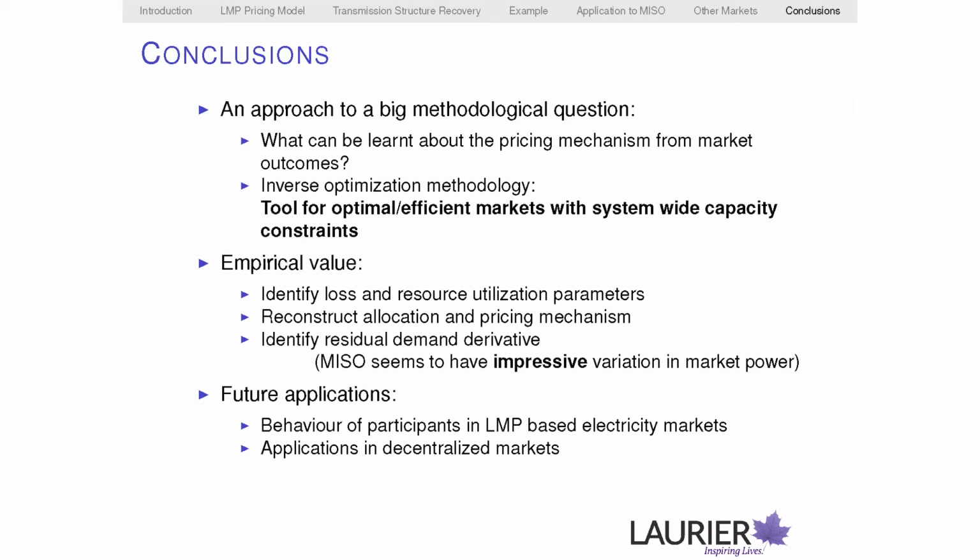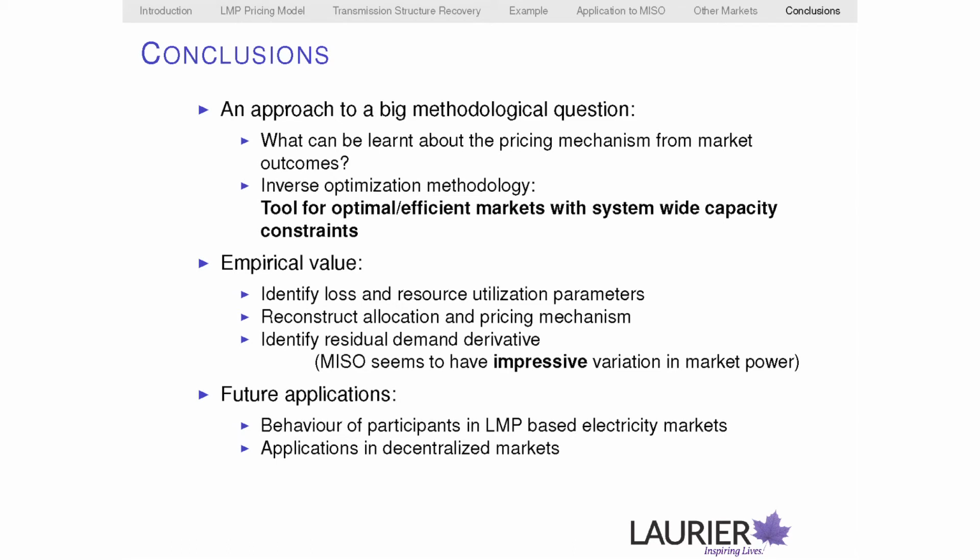Okay. So we looked at that methodological question and identified a tool for optimal efficient markets with system-wide capacity constraints. There was some empirical value there in being able to identify loss and resource utilization parameters, reconstruct that allocation and pricing mechanism, and identify the residual demand derivative, which is certainly of interest to economists and hopefully also to market participants who face the same sort of unobservability that we have.